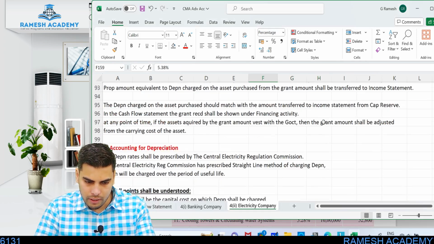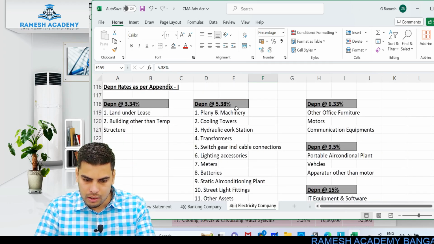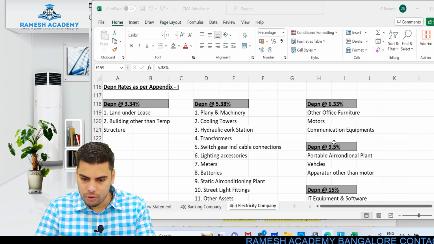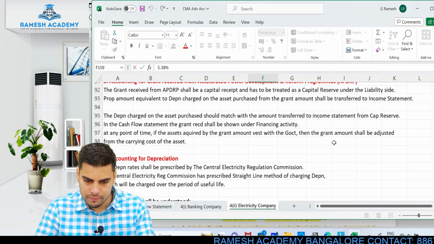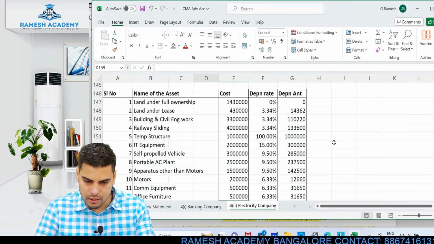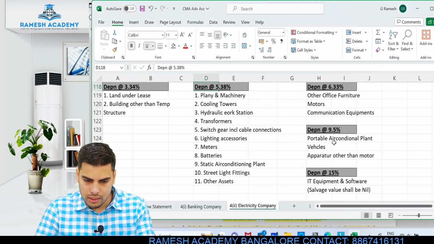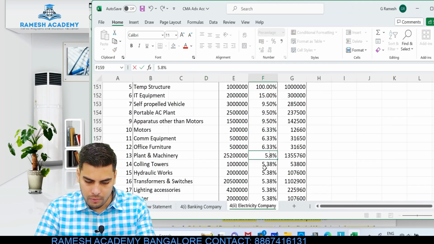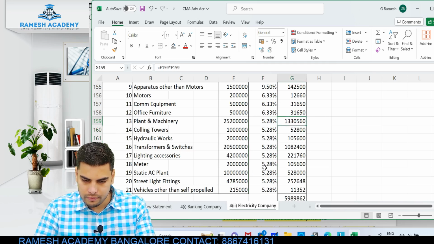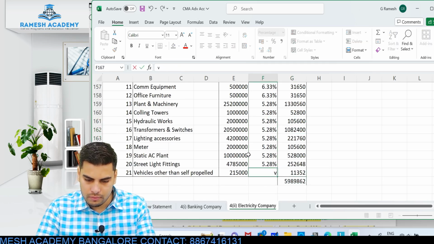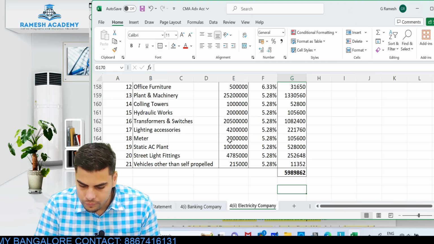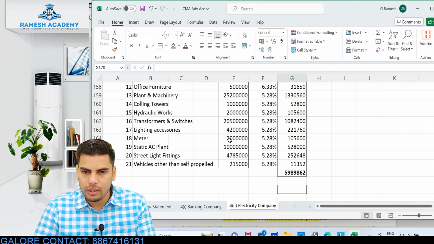I have written 5.38. Look at these rates of depreciation, it is 5.28, not 5.38. Just change this. In all cases wherein I have written 5.38, it should be 5.28. Total depreciation would be 59 lakh 89,862.